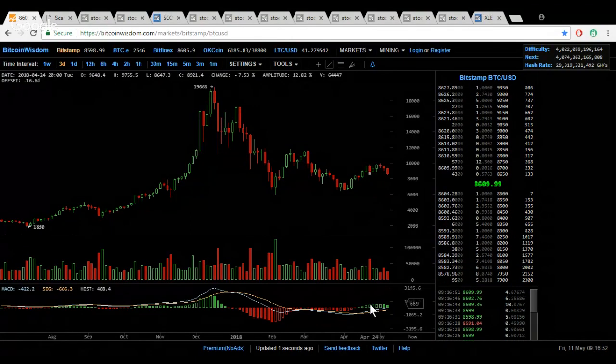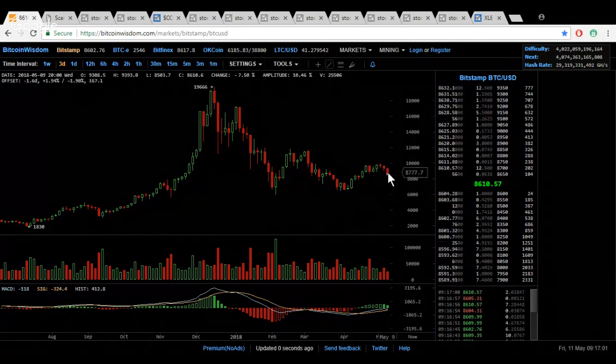Notice that the histogram is getting smaller and smaller, and it will not take much for it to turn to the negative side if we stay anywhere down in this territory.